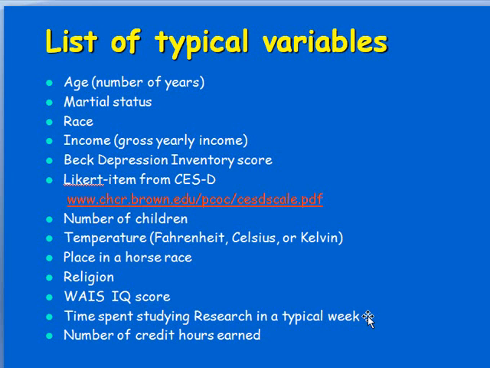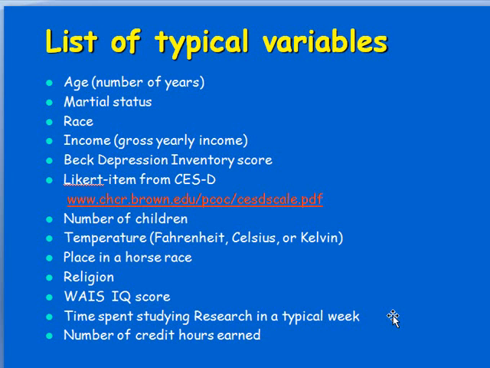Two more to go. Time spent studying research in a typical week, in, let's say, number of minutes. That's an example of a ratio variable, because it's really a count variable, you're counting the number of minutes.